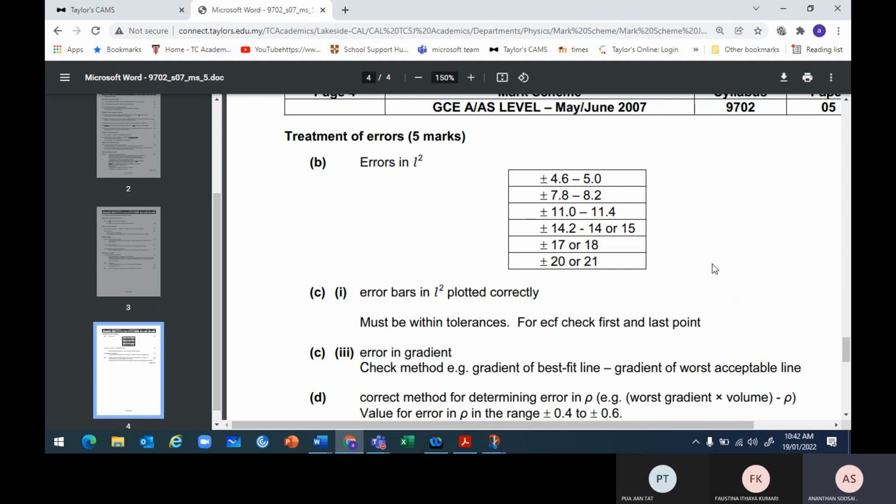Do you get this range? You follow the decimal place of your value. Zero decimal place, so no need to put any. Doesn't matter. So you got this?